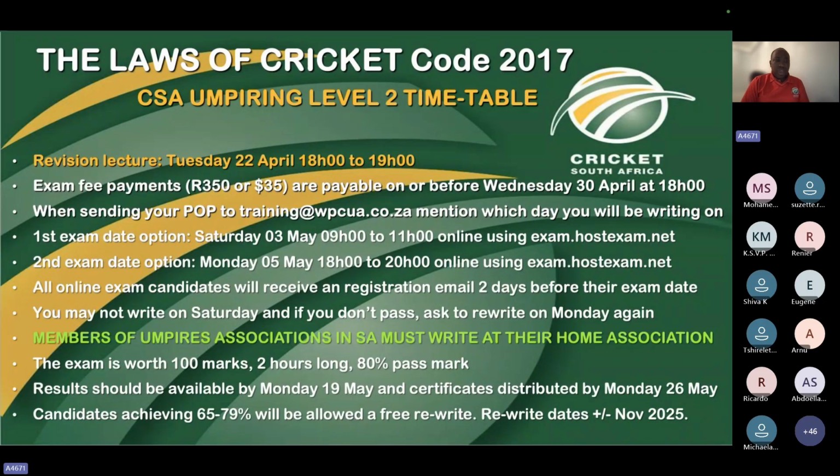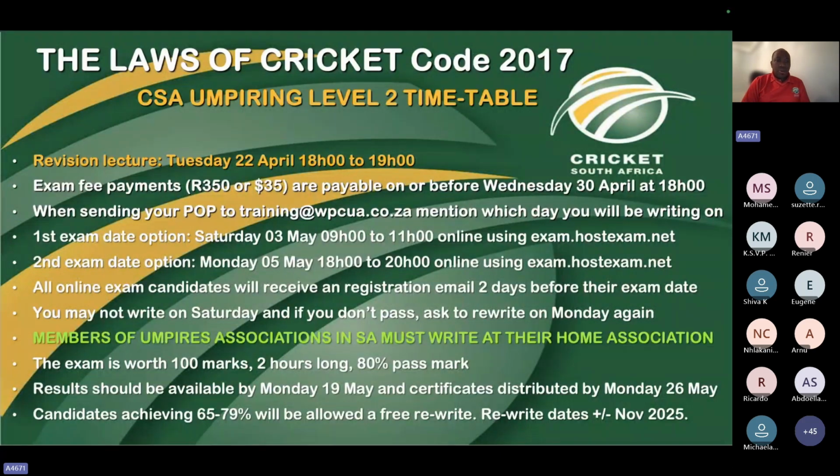So for those of you who haven't yet mentioned, please send an email mentioning which day you will be writing. And all Western Province Cricket Umpires Association members need to write at Newlands. They do not have the option of writing online.